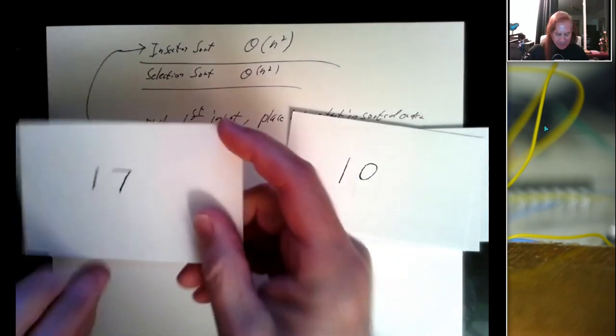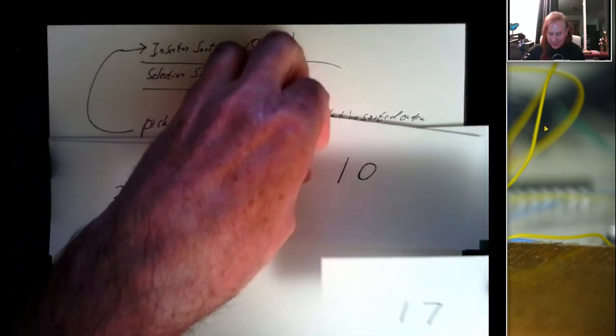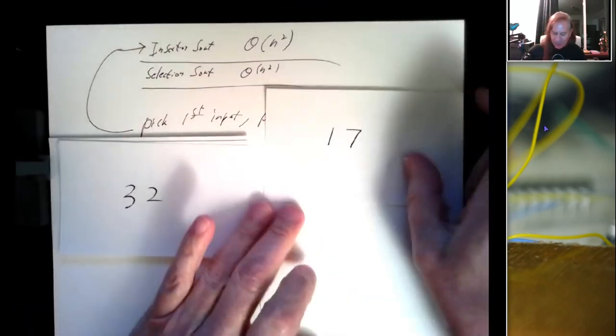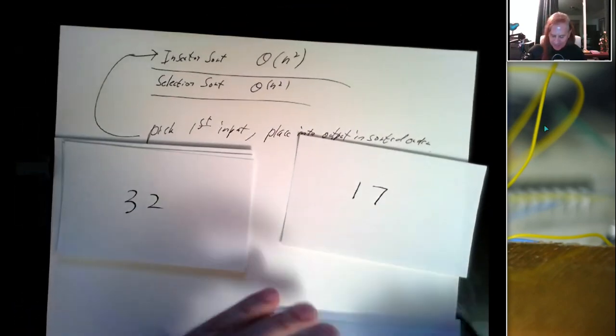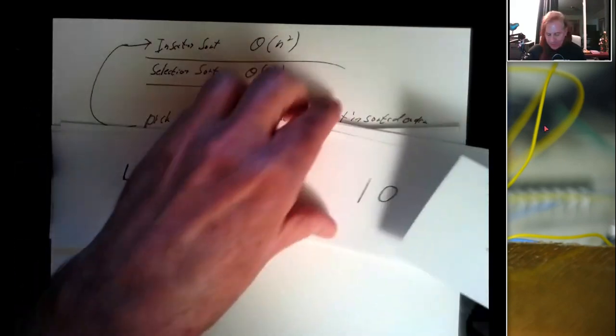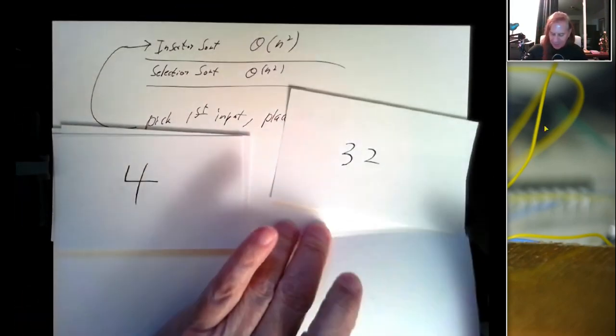Here's my next number, 17. It comes after the 10, after the 11, after the 16, so I'll put it right there at the back. Got the idea? Here's my first number on the input, 32. It comes after 10, 11, 16, and 17, so it goes at the back.